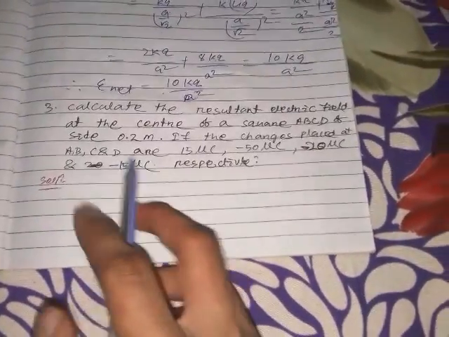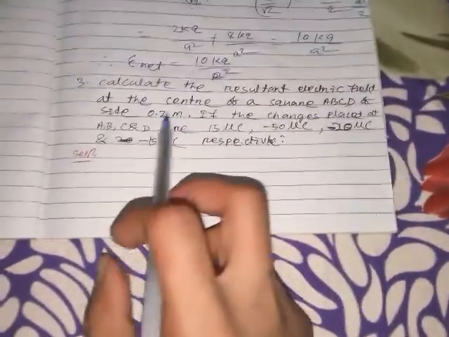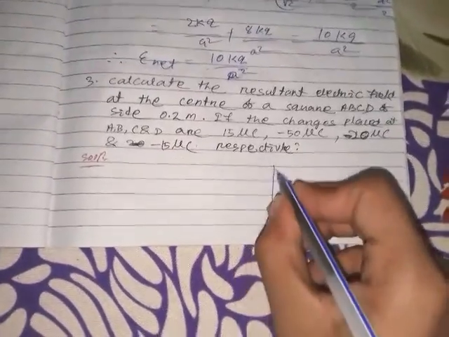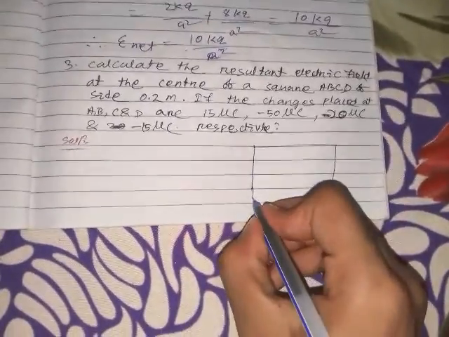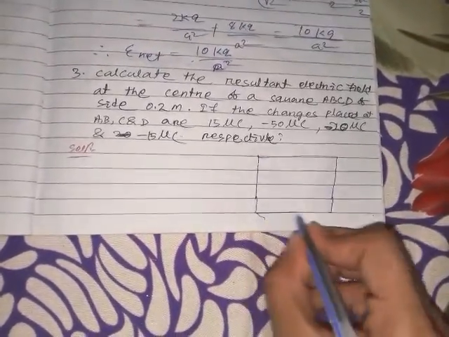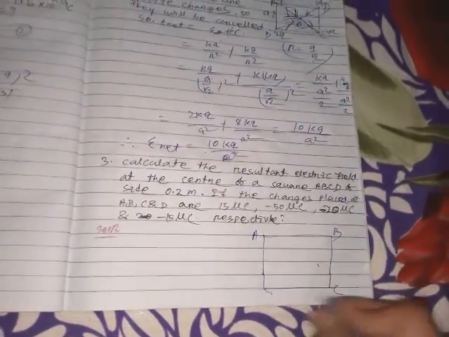Okay. Here the third problem is given. Calculate the resultant electric field at the center of a square. We have to draw a square. That problem does not belong to this problem, all are different. Okay, square ABCD is given.